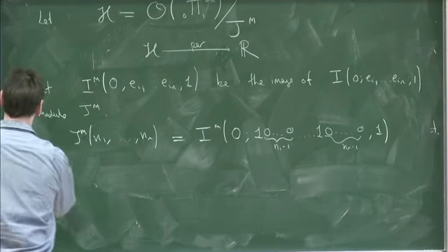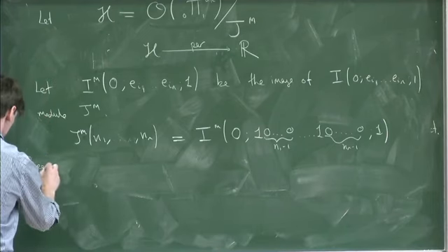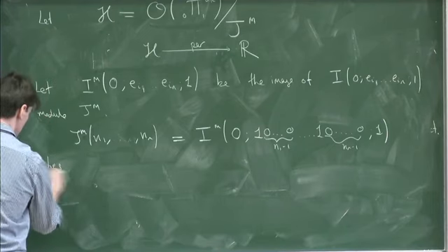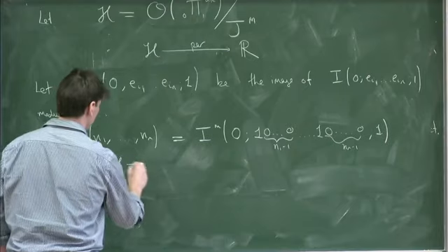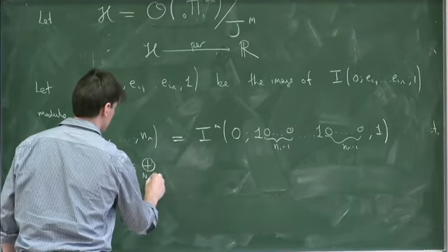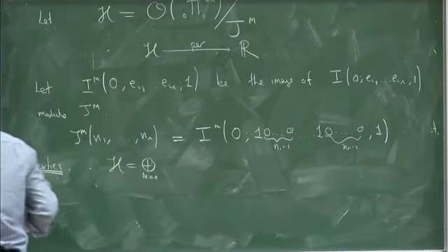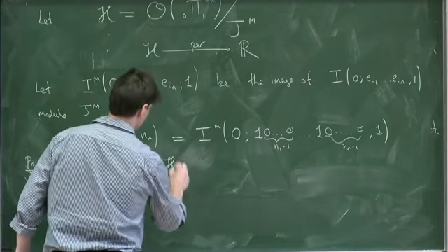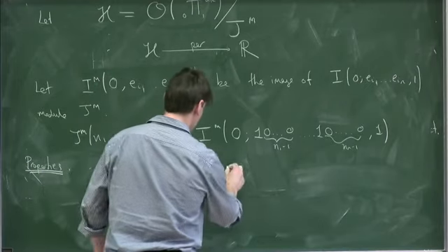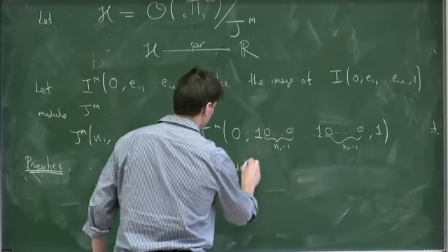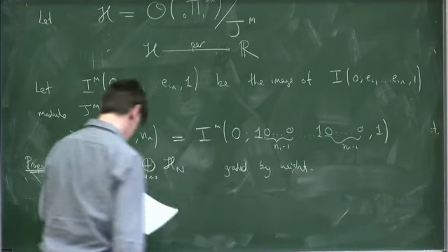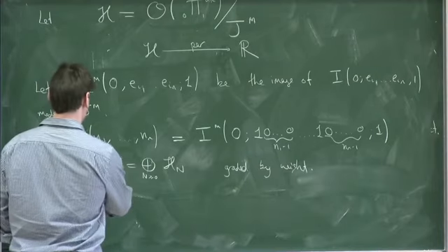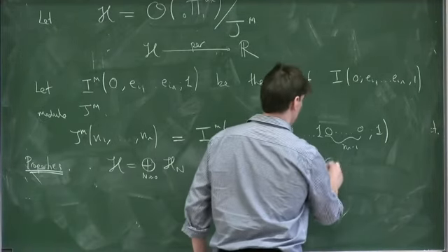Okay, so properties. First of all, by construction, this algebra H is graded, because I took J by definition to be a graded ideal. So it's graded by the weight. And it's a Q algebra.